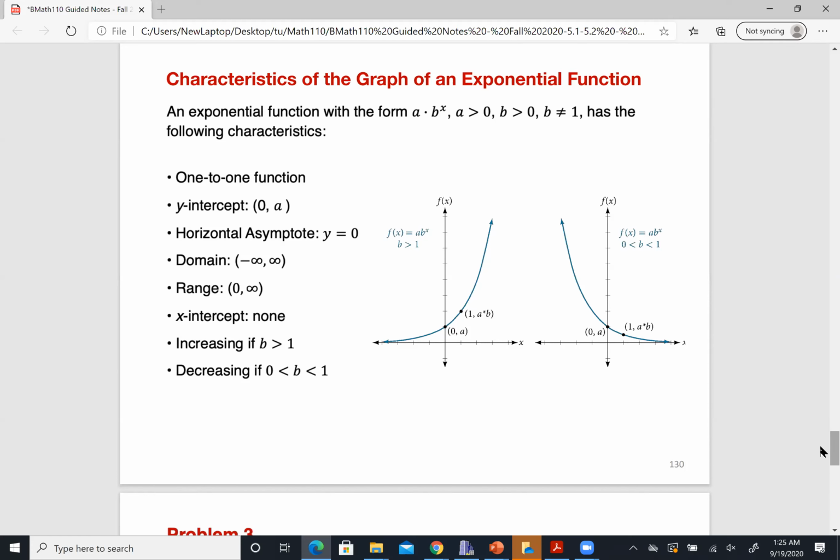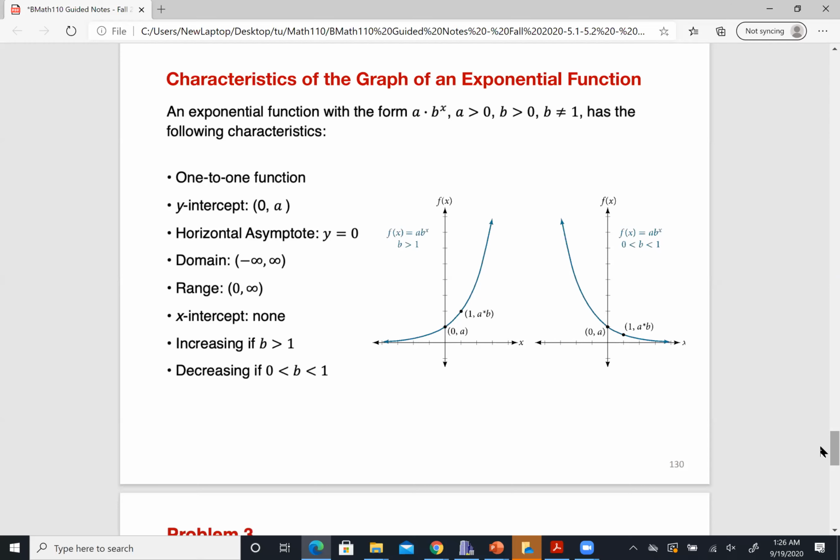Okay, characteristics of the graph of an exponential function. An exponential function with the form a times b to the x, with a greater than 0, b greater than 0, and b not equal to 1, has the following characteristics.